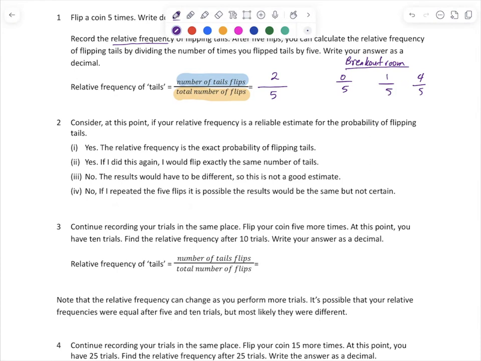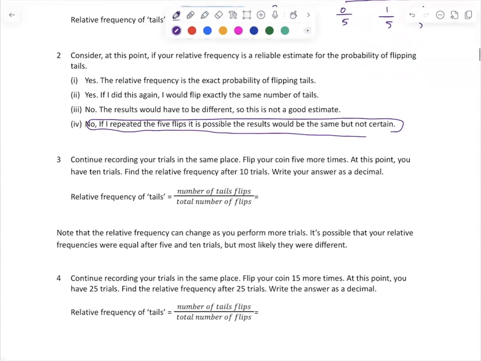So flipping 5 more times might match the result that we had before, but it's more likely to be different. If I repeat the 5 flips, it's possible the result would be the same, but it's not going to be a certain result.